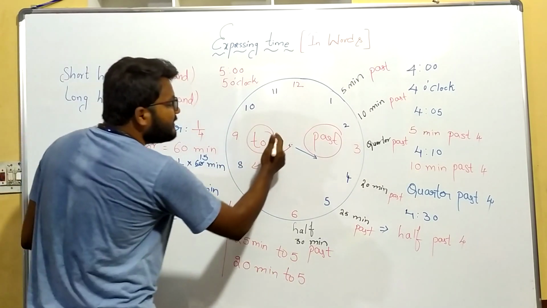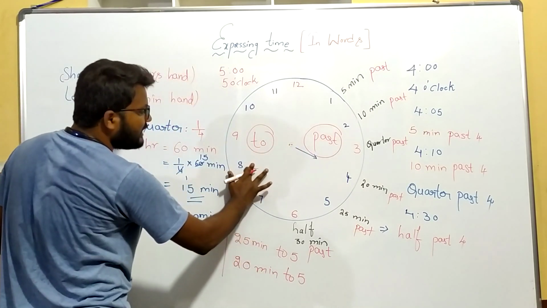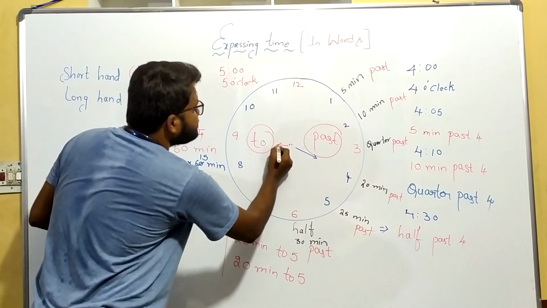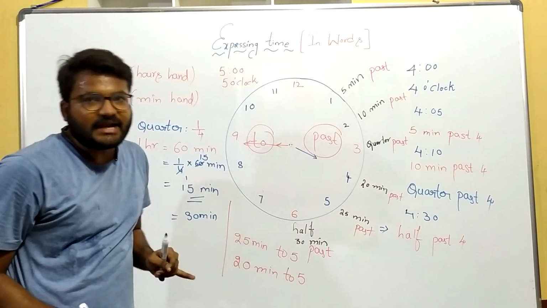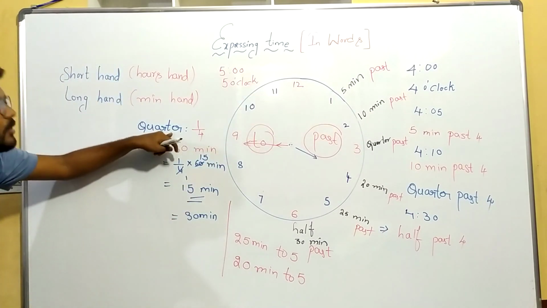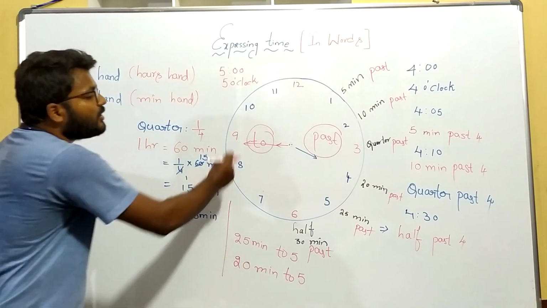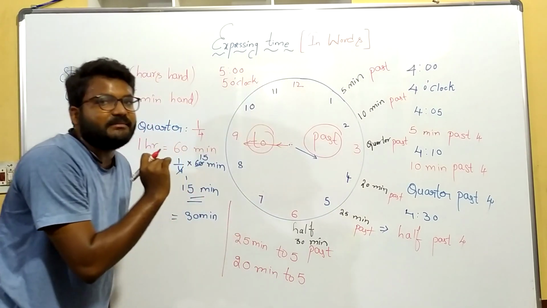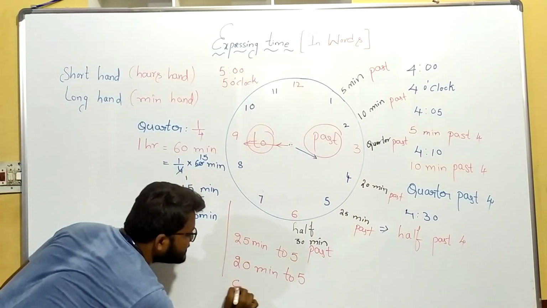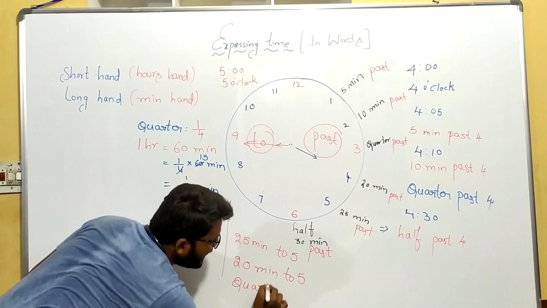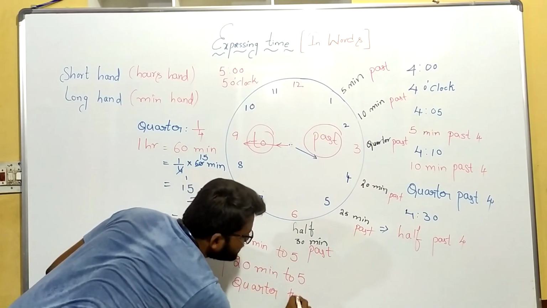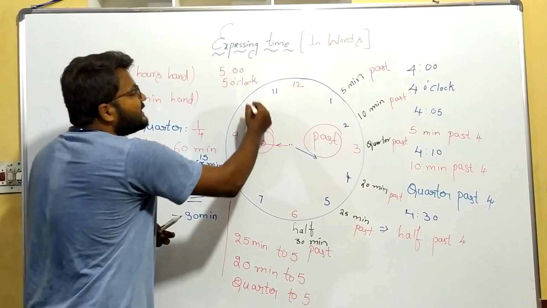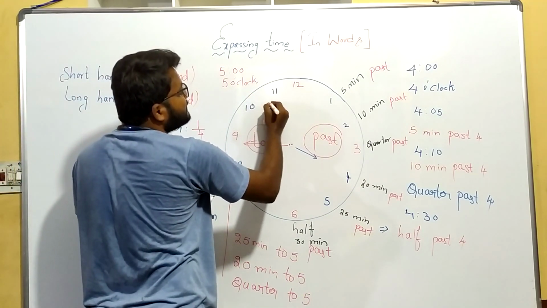In the same way, when it shows 9, it will be 15 minutes, right? So again we use quarter here. The long hand needs to rotate 15 minutes, so you have to use quarter here. So the time is mentioned here as quarter to 5.